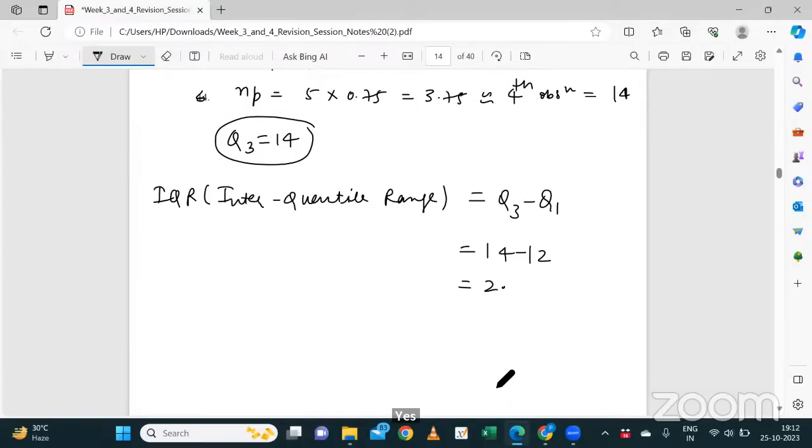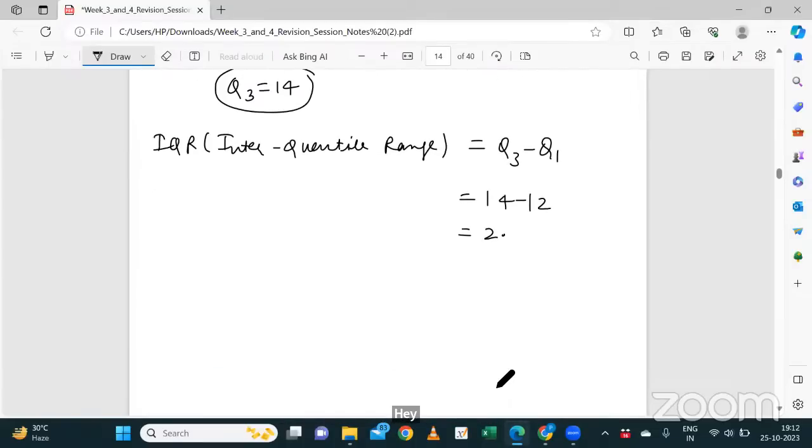Next one is, suppose I have given a data set to you and I ask, is there any outlier present in your data set or not? So you can find whether an outlier is there or not.